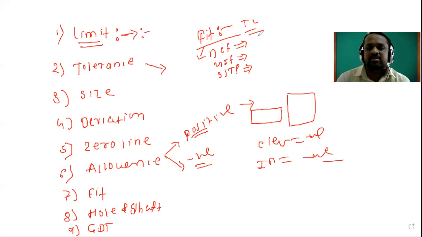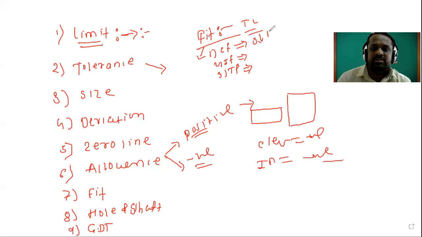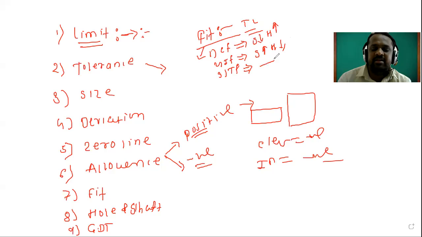In simple language, in the clearance fit the shaft is small and the hole is bigger. Then for the interference fit, the shaft is bigger and the hole is smaller. And when the tolerance zones of the shaft and hole overlap each other, we call it the transition fit.